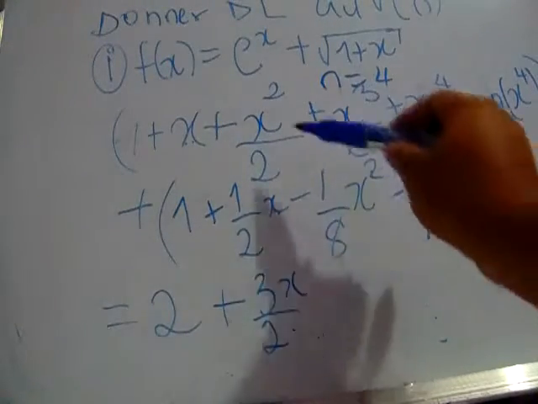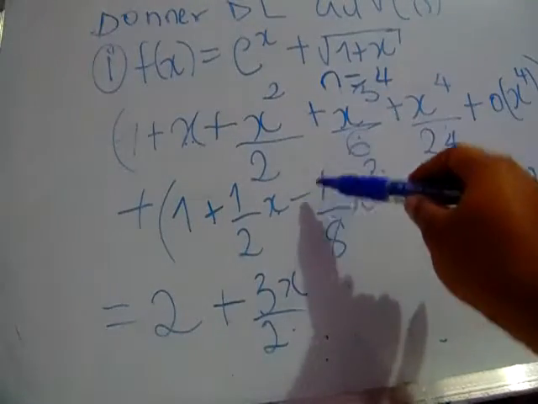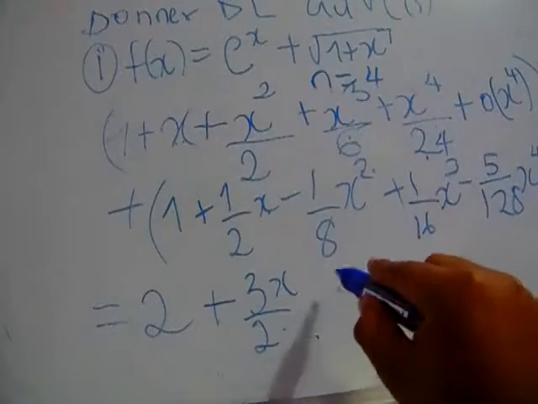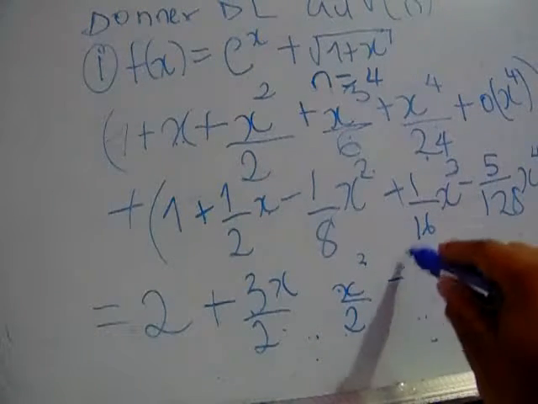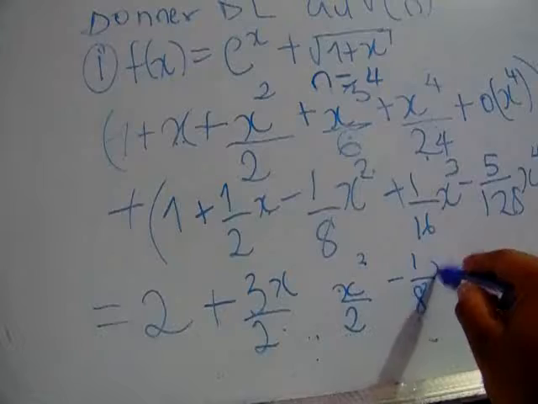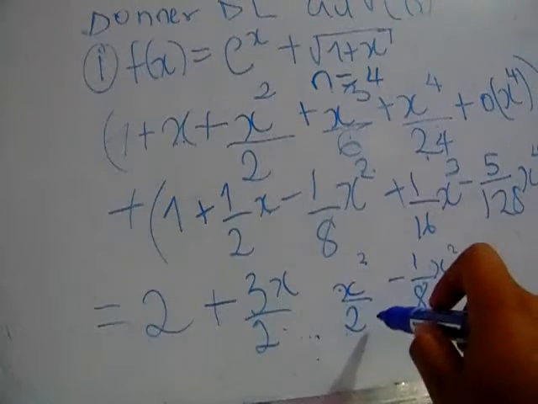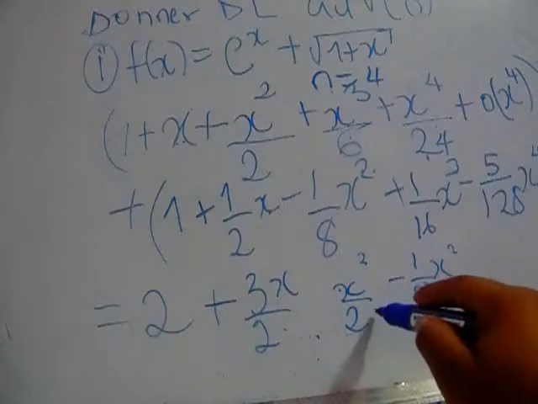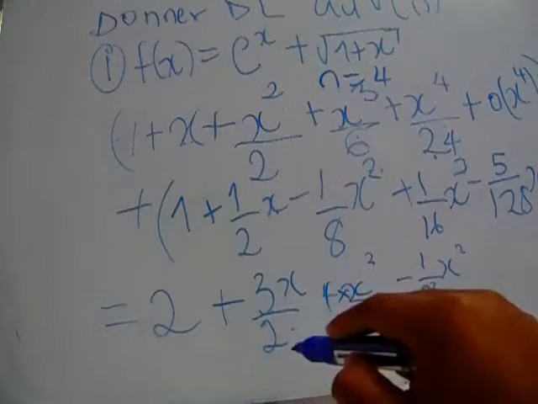The next is the square. We're having x squared over 2 plus x squared over 2 minus 1 over 8x squared. So we have x squared over 2 minus 1 over 8x squared. Same thing, to have the common denominator here, since 8 is the highest, we know we can multiply this by 4 and multiply here by 4.